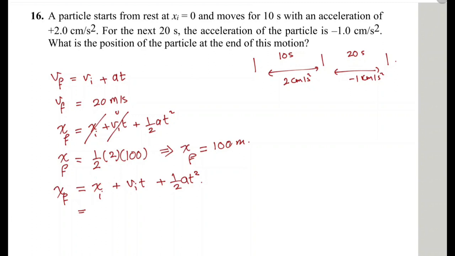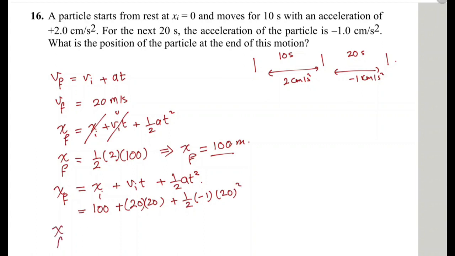And X initial, we just calculated this one here, it's the final position for the first part of the question, so it's equal to 100 plus 20. Remember, the initial velocity of the second part is the final velocity for the first part, times 20, plus half, and the acceleration is -1, and time is 20 squared.